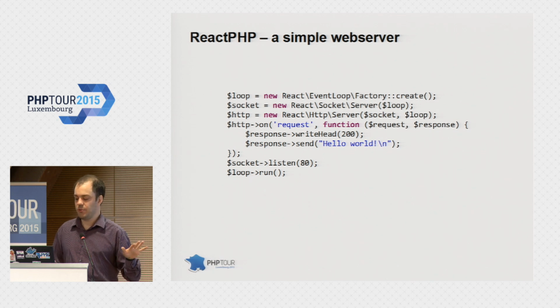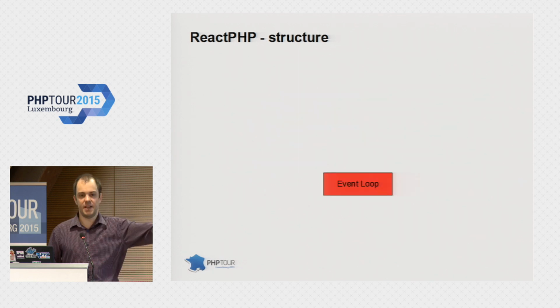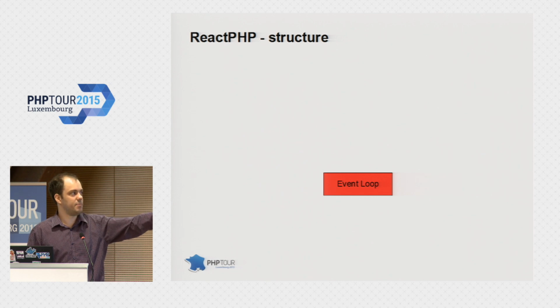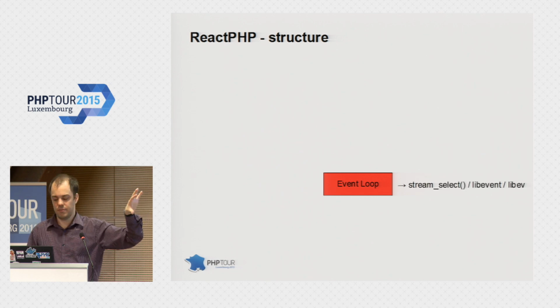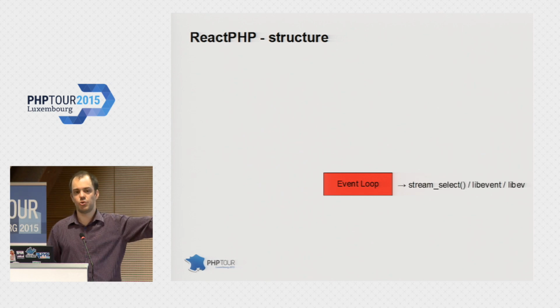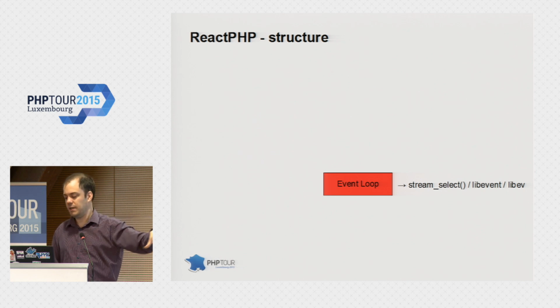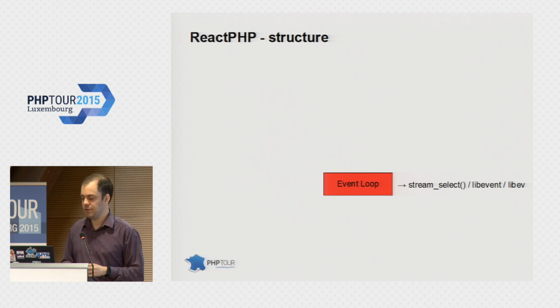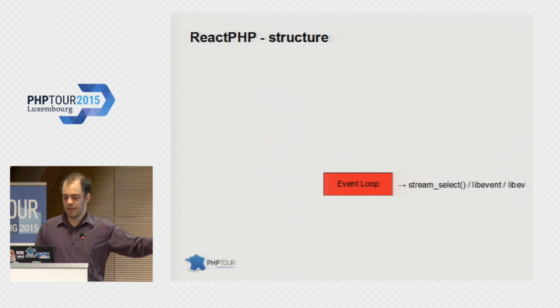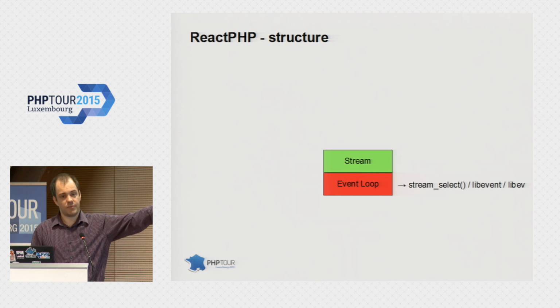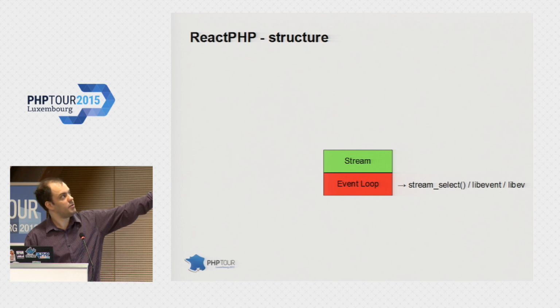So the structure of ReactPHP underneath is that event loop. That's the basis of everything. And so it's going to rely on things like stream select in the background, and then libevent and libev and libuv, whatever library you're using in that case. And then on top of that, we have a stream, like we had in the previous slide.